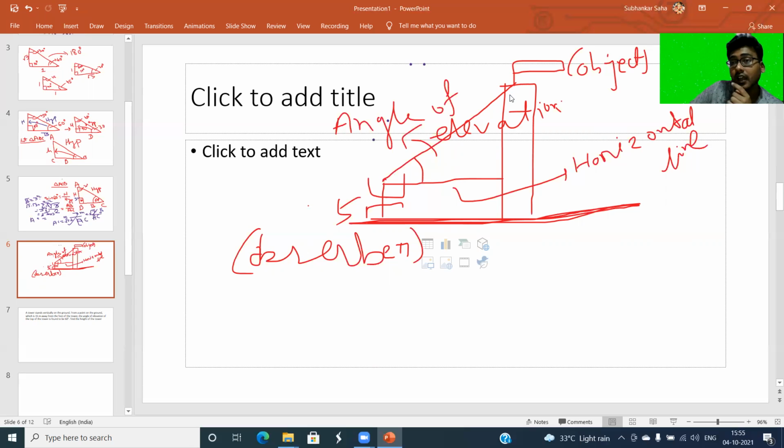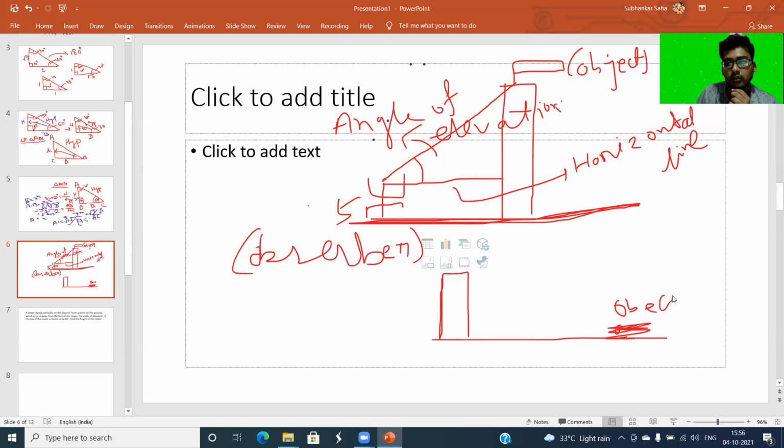Now, what is the angle of depression? It is the building and it is the object, and it is the observer. It is the point and it is the horizontal line.